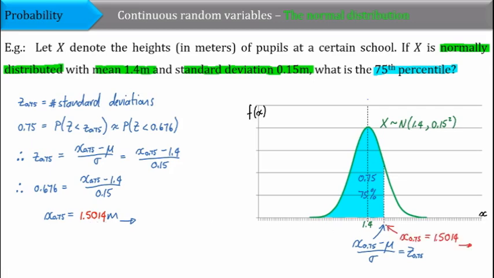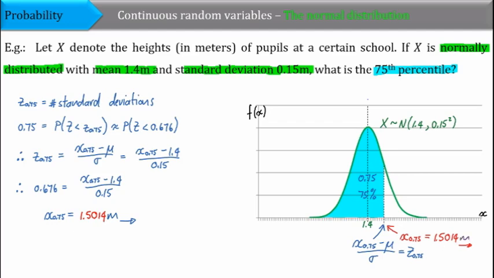So that means that the x value over here, which is equivalent to the z-score of 0.676 standard deviations, is 1.5014 meters.